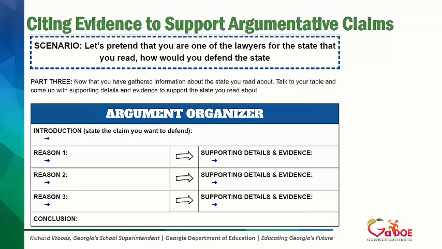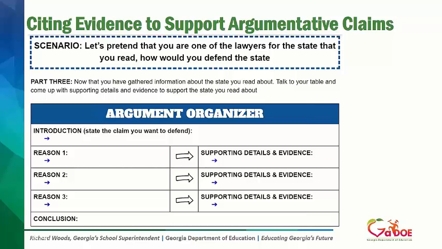The kids gave their conclusions, pretending to be the lawyer for that state, and whoever had the best evidence won the case. They had fun with that. That's one of the ways I can get them to cite evidence, but also explain things to the audience.